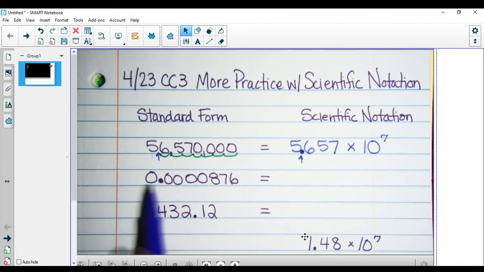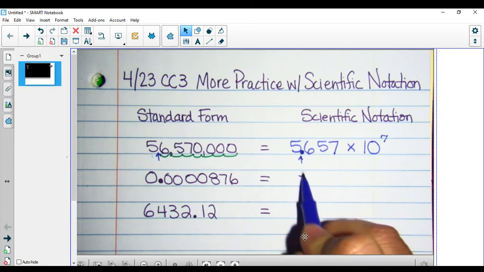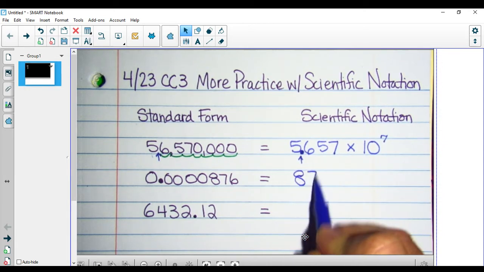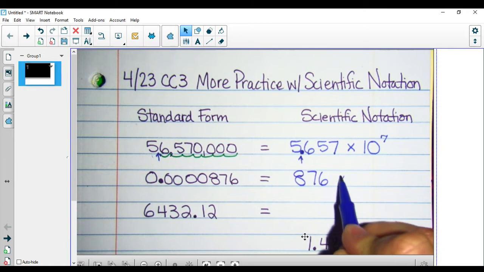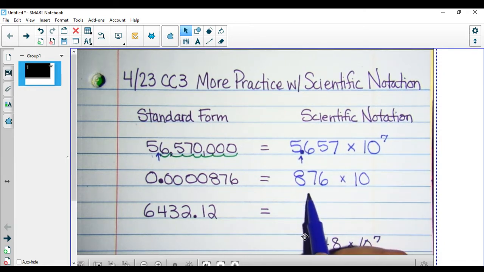Second problem, we're going to look at all of our significant digits. This is just a string of zeros, and then we get 876. So I'm going to write 876 times 10 to some power. I need to put the decimal in so that this first number is greater than or equal to 1, but less than 10.